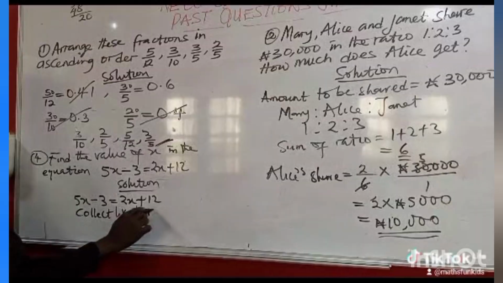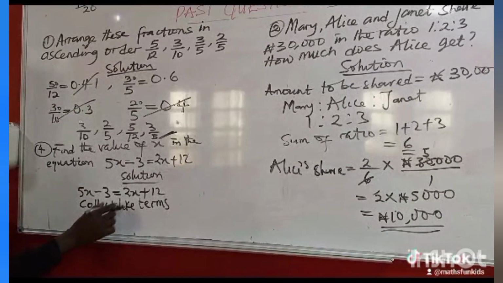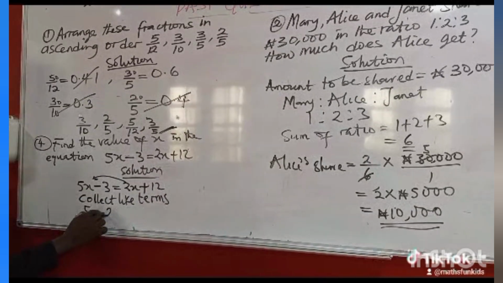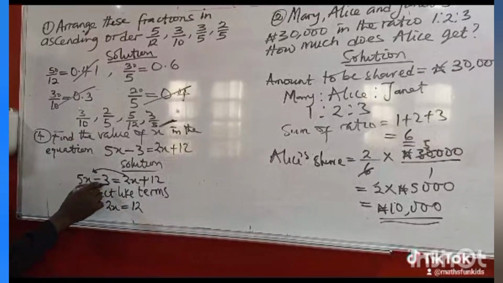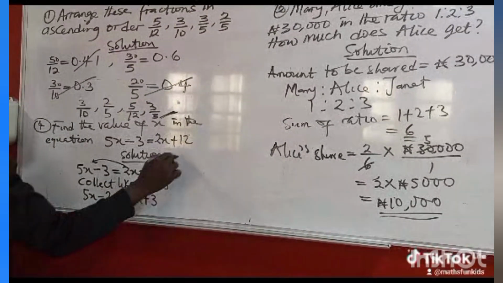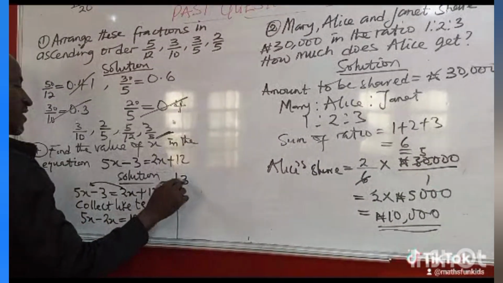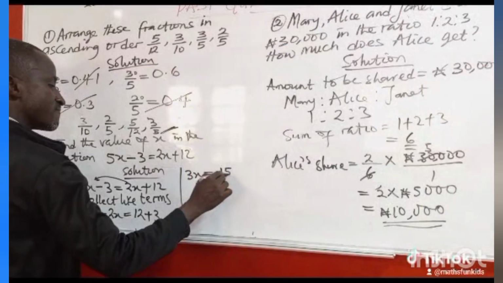So when we collect the like terms, we have 5x. This one is plus, when you bring it here, it will change to minus, minus 2x equals 12. And minus 3 is here; when you take it to this side, it will change to plus 3. We have 5x minus 2x will give us 3x equals 12 plus 3, which gives us 15.